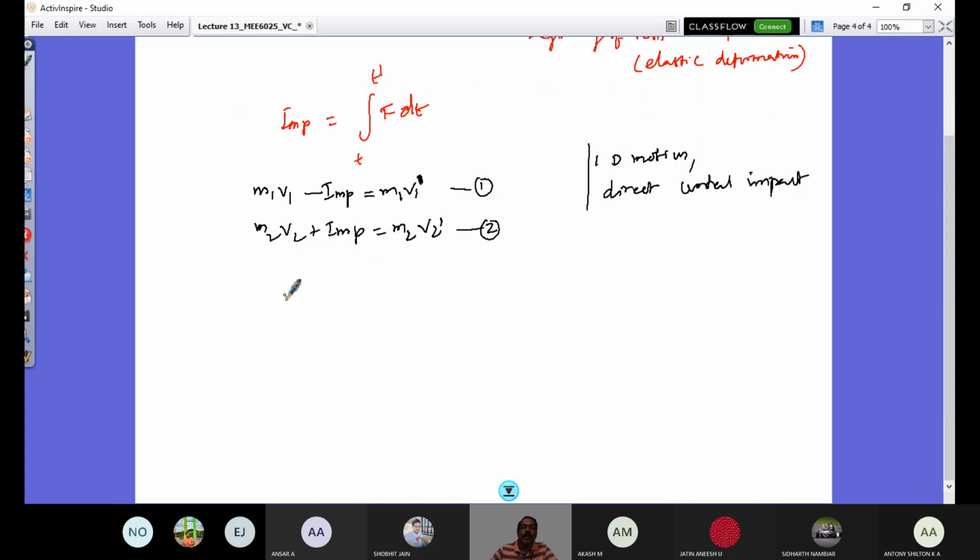So before collision, what is the total energy? It is half m1 v1 square plus half m2 v2 square, and that would be equal to the kinetic energy half m1 v1 dash square plus half m2 v2 dash square.